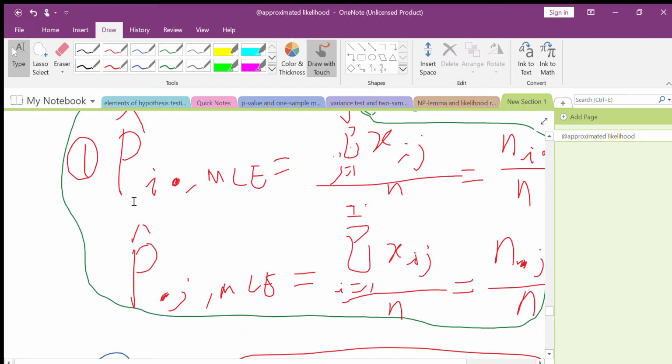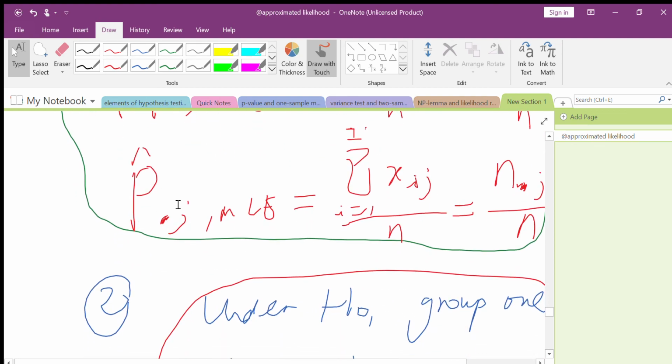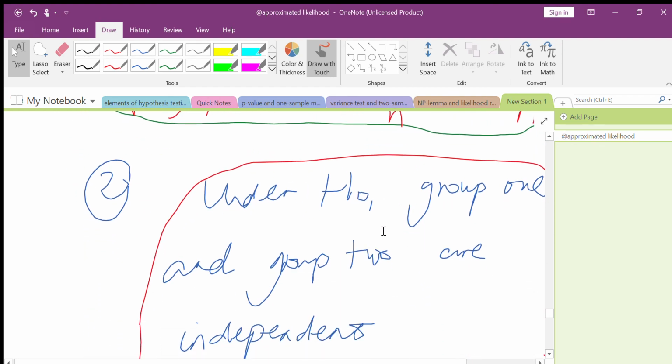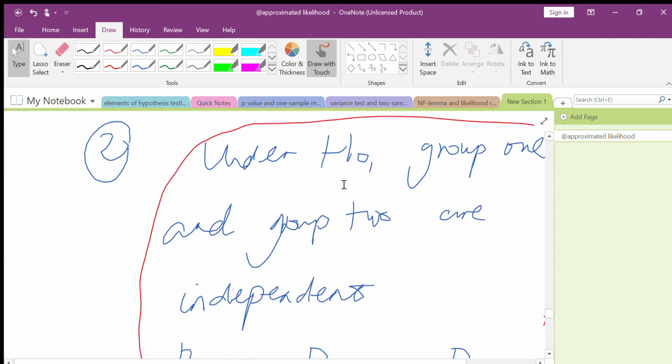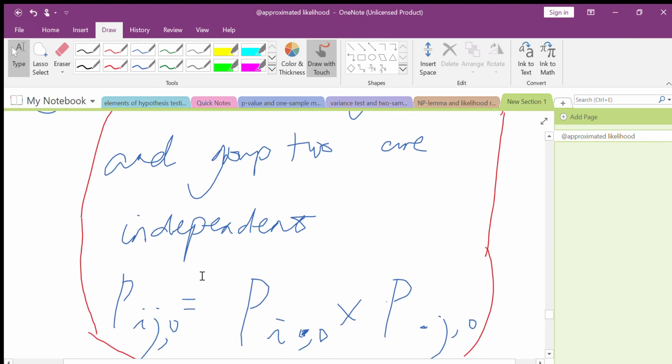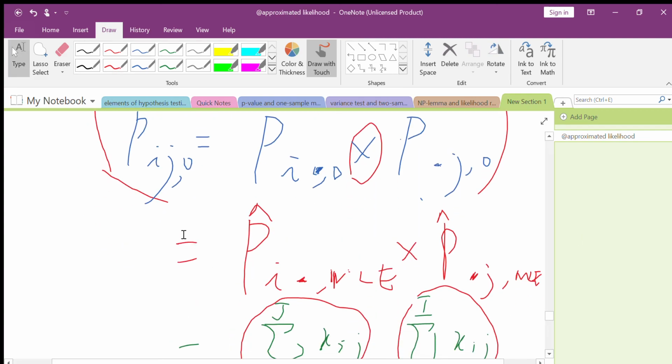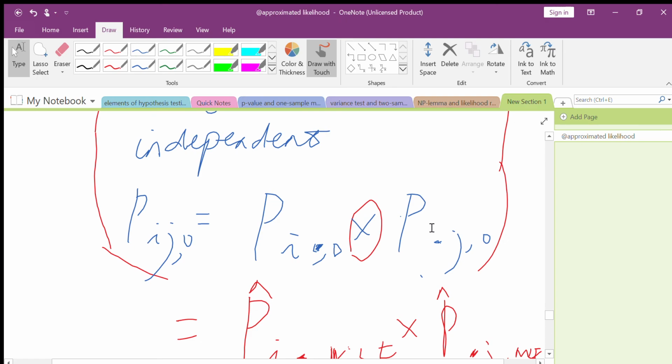Without proof, we get pi dot MLE is ni dot divided by n, where ni dot is the summation over j from 1 to J of capital Xij. And p dot j hat MLE is also in this form. Then we can translate the original hypothesis that group 1 and group 2 are independent. The independence applies here as a product: Pij0 is Pi dot 0 times P dot j0.